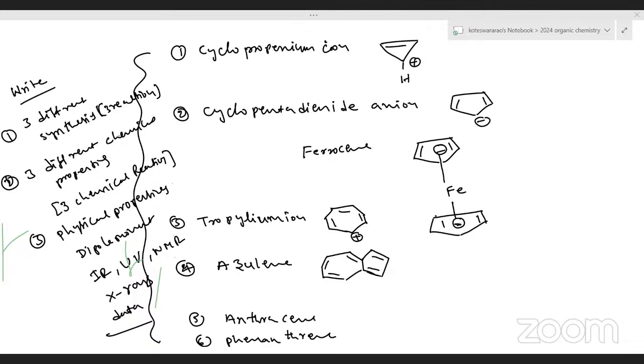Then imagine it based on the CIP priority rules. If you want to follow EZ nomenclature, you assign the priority rules, then assign the EZ value. When you want to assign cis-trans nomenclature, you can take any two groups on the two carbons as the reference groups. Based on that, you can assign cis-trans.